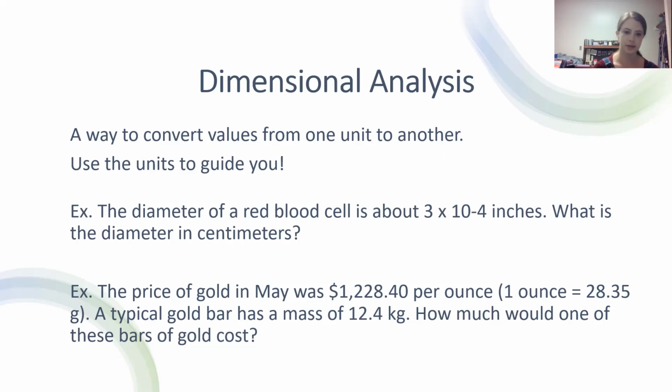And here are some examples. So the first one is that the diameter of a red blood cell is about 3 times 10 to the negative 4th inches. And we want to know the diameter in centimeters.